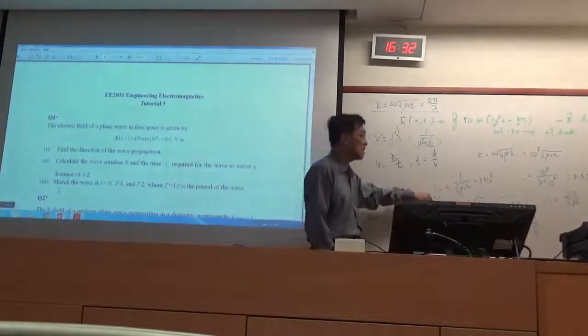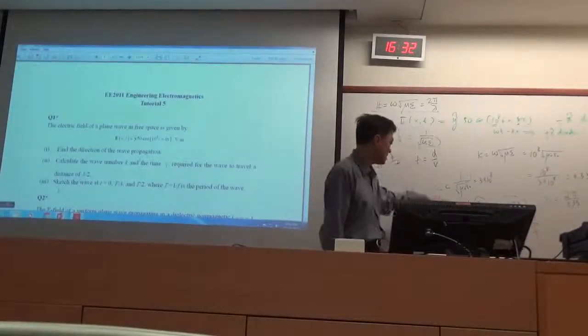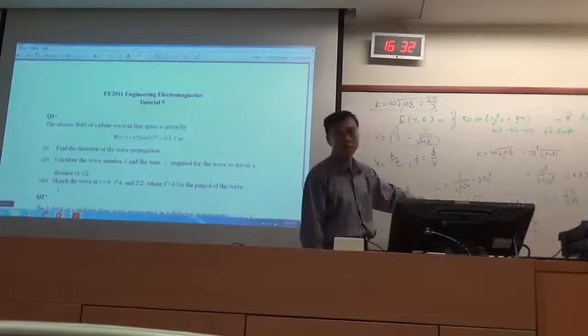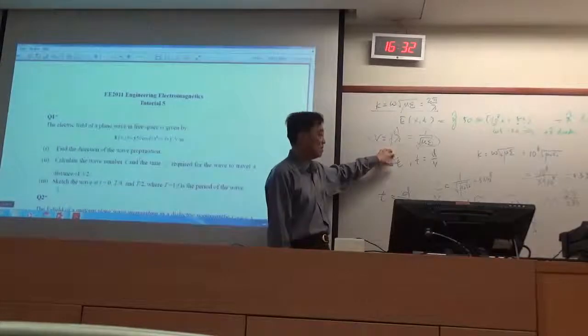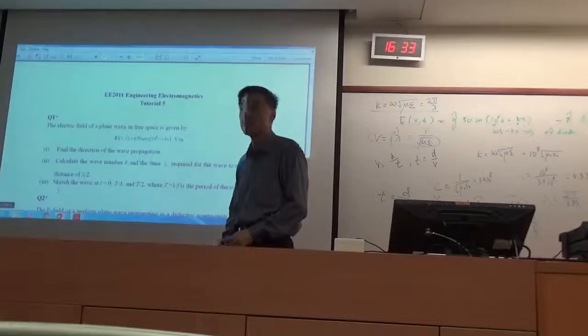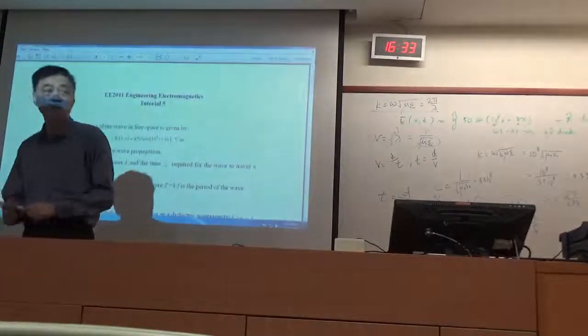Distance is lambda by 2, k is equal to 2 pi over lambda, so you can find lambda and substitute in here, and c is 3 times 10 to the power of 8. Or you know how to manipulate the equations: c equal to f lambda, so you just substitute in here and you can save the steps of finding lambda. So, whatever. Alright?